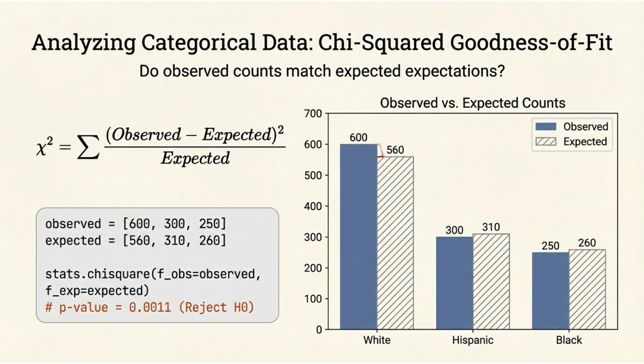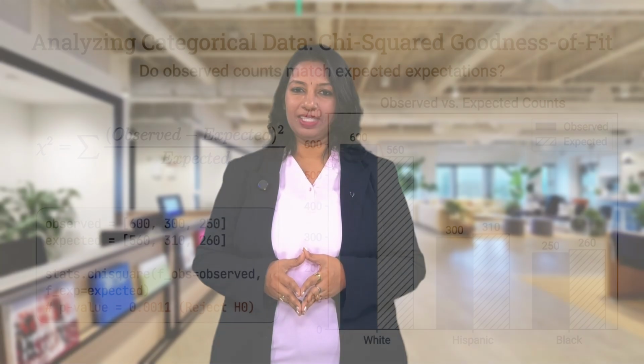The visible gaps between them explain why the test result is significant. Since the p-value is less than 0.05, we reject the null hypothesis. This means the observed distribution does not fit the expected distribution. The chi-square goodness of fit test is widely used in surveys, market research and social sciences.